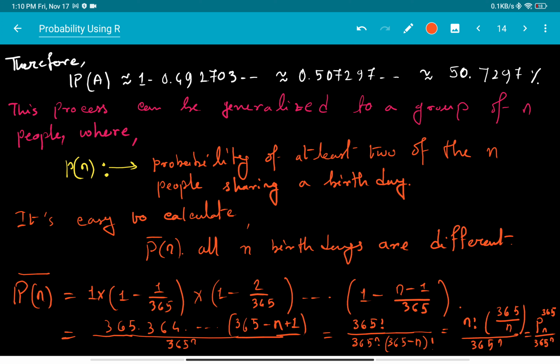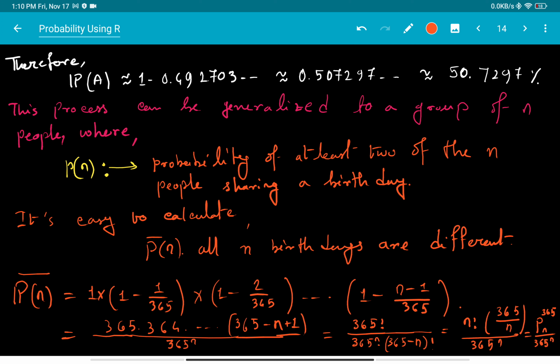So this equation expresses the fact that the first person has no one to share a birthday with, the second person cannot have the same birthday as the first, the third cannot have the same birthday as either of the first two, and in general the nth birthday cannot be the same as any of the n minus 1 preceding birthdays.